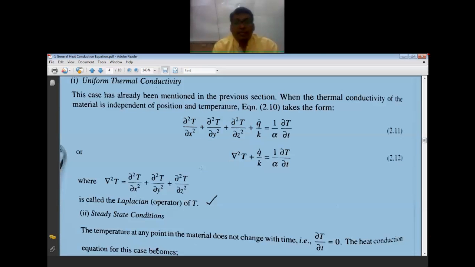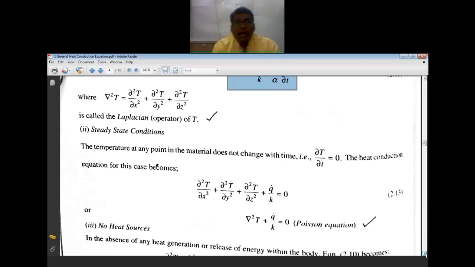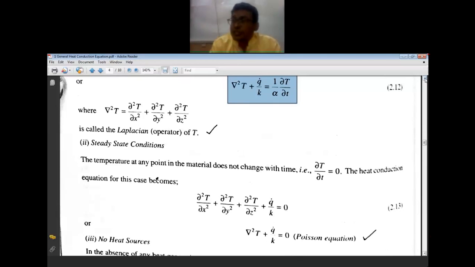So in terms of the Laplace operator, my general heat transfer equation can be written like this: delta square T plus q upon k equals 1 upon alpha times delta T upon delta t. The diffusion term reduces in terms of the Laplace operator, the heat generation term is there, and the unsteady state term is also there. This equation is called the Laplace equation.